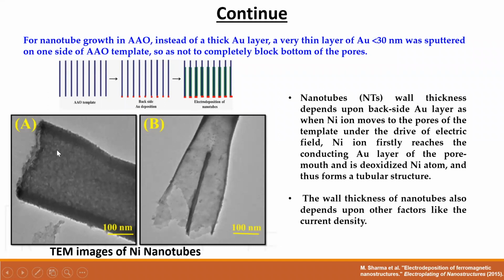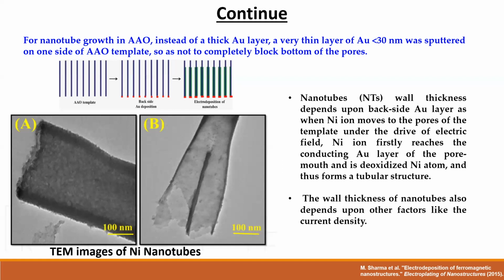You can see here that this is a Y-shaped nanotube, and depending upon the thickness, we can change the thickness also. The nanotube wall thickness depends upon the backside gold layer, as when nickel ions move into the pores of the template under the drive of the electric field, the nickel ion first reaches the conducting gold layer of the pore mouth and is reduced to a nickel atom, and thus forms a tubular structure.